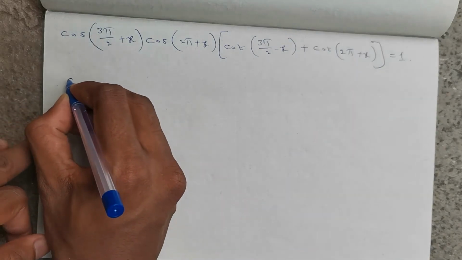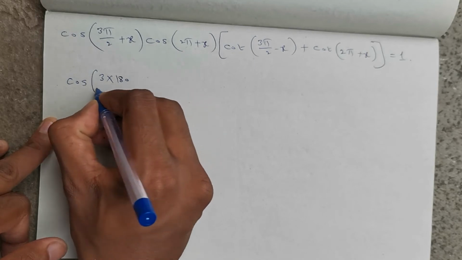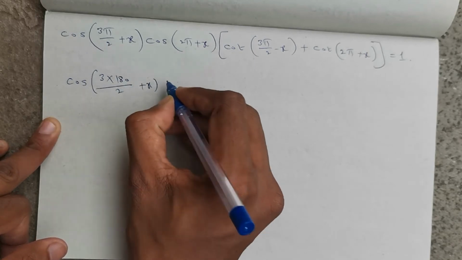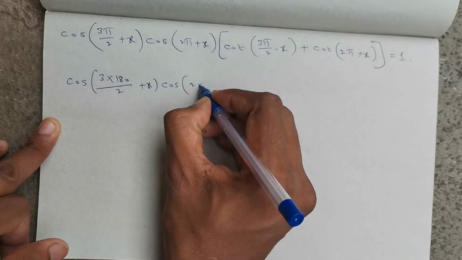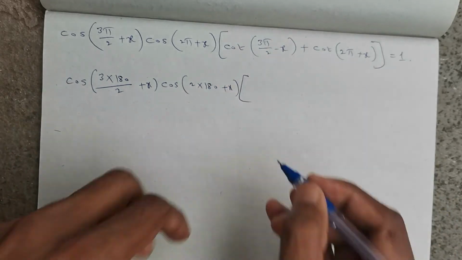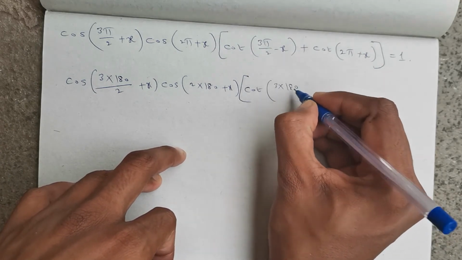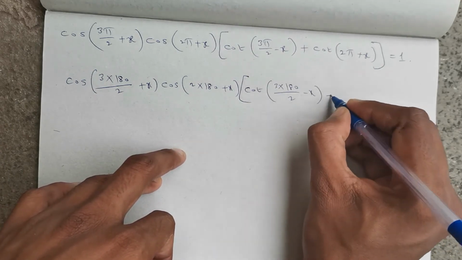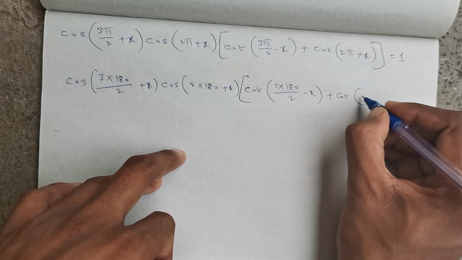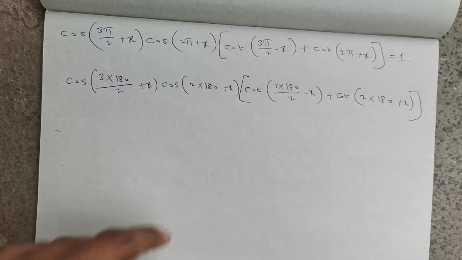So we will get cos of (3 into 180 divided by 2 plus x) into cos of (2 into 180 plus x) times of cot of (3 into 180 by 2 minus x) plus cot of (2 into 180 plus x).